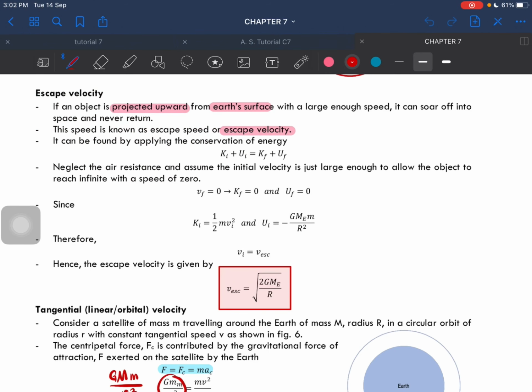We are going to neglect air resistance and assume the initial velocity is just large enough to allow the object to reach infinity with a speed of 0. So we let the velocity equal 0, hence the final kinetic energy is equal to 0, and the final potential energy is also equal to 0.